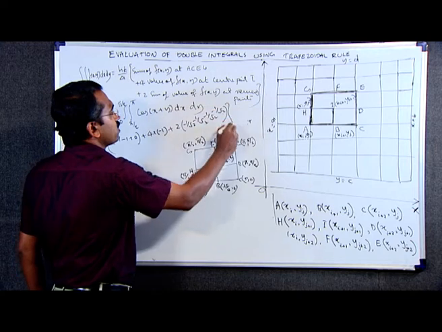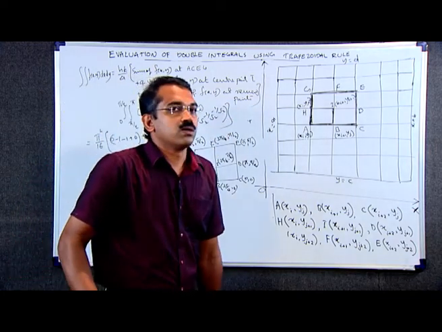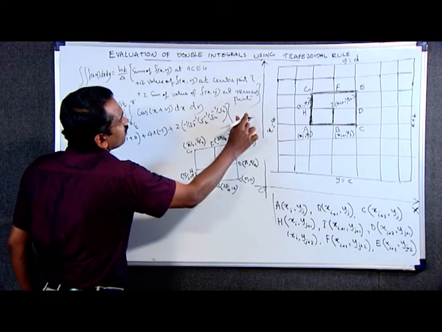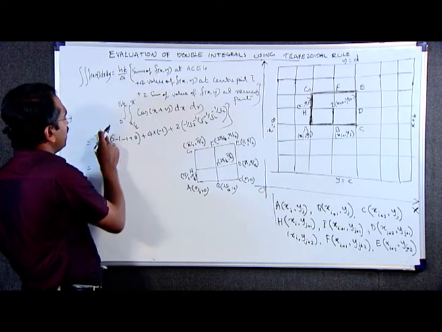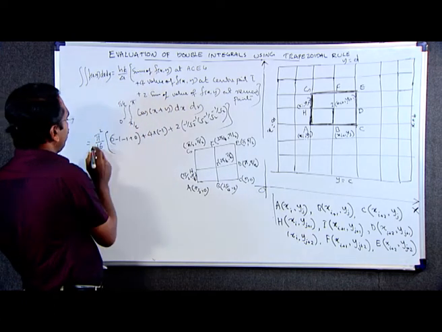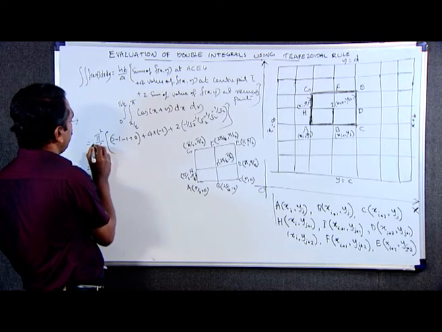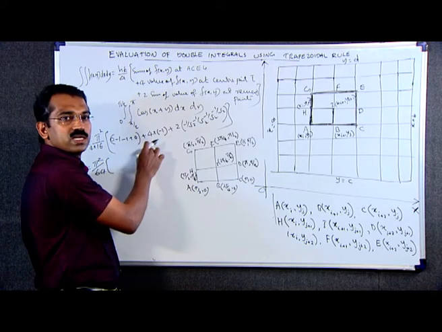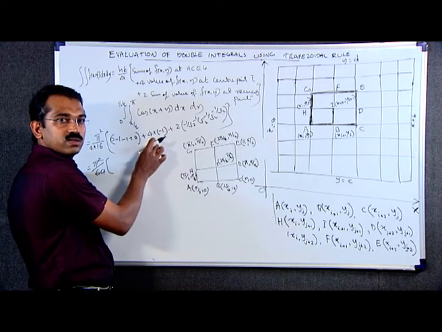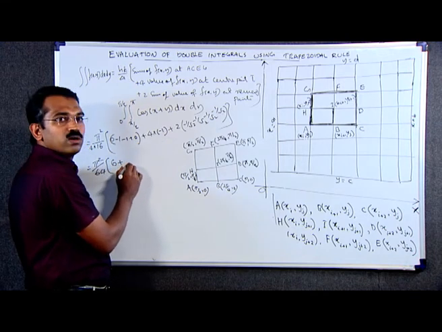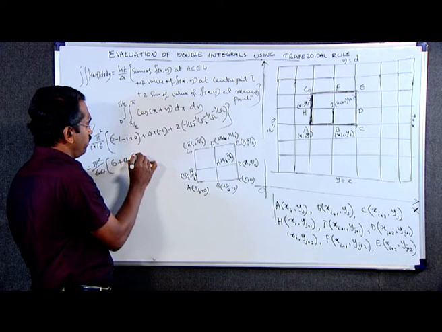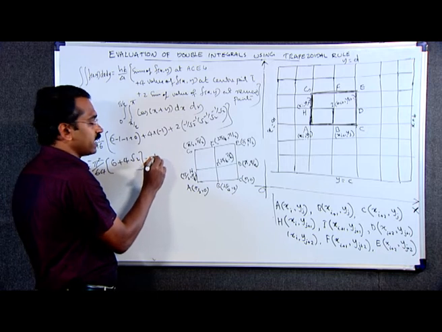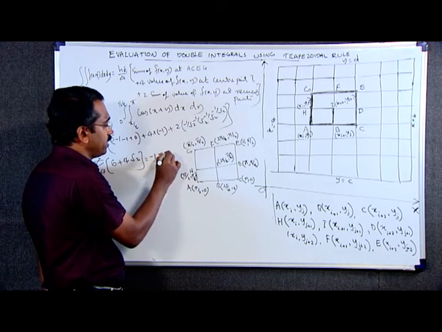Pi square by 16 is common. Here h is pi by 4 and k is pi by 4, so h into k is pi square by 16, divided by 4, that is pi square divided by 64, into the bracket. On simplification, we get 6 plus 4 root 2, minus of 6 plus 4 root 2, which is equal to negative 1.7976.